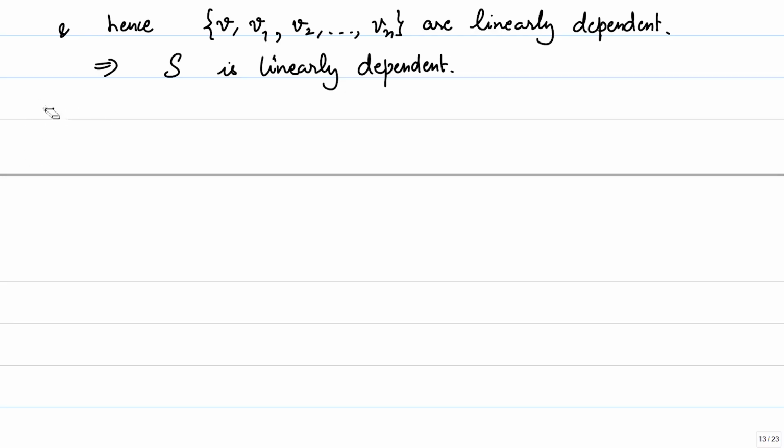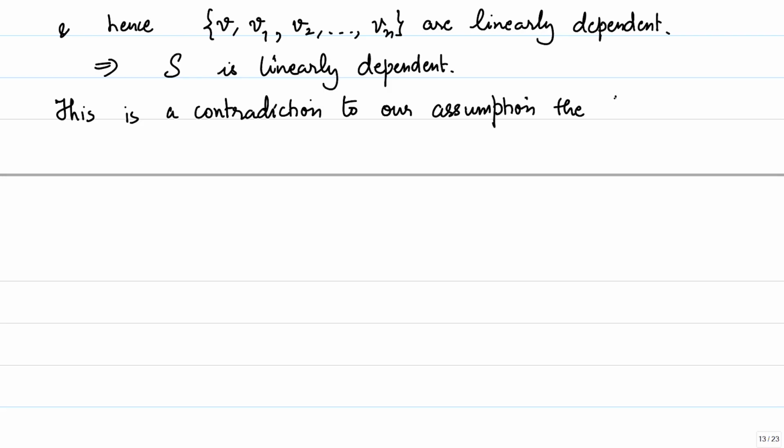This is a contradiction to our assumption that S is linearly independent.